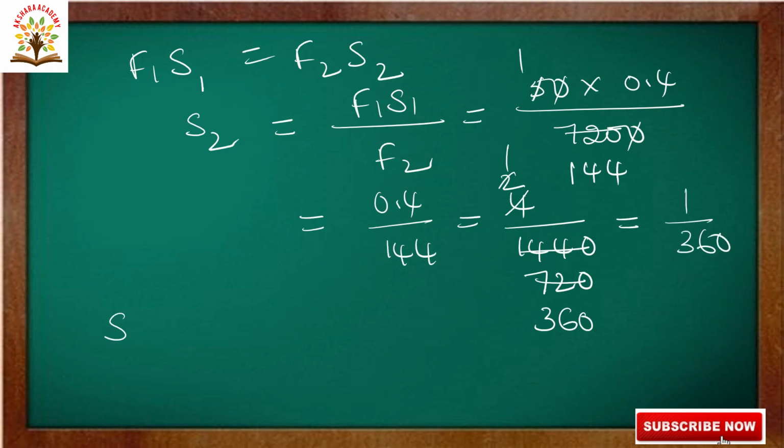So S2 is equal to 1 by 360. What will be the distance of the larger piston after 10 strokes?